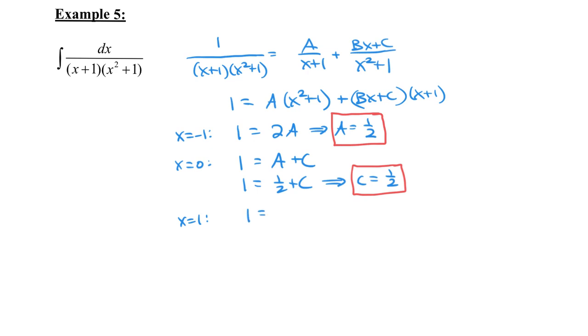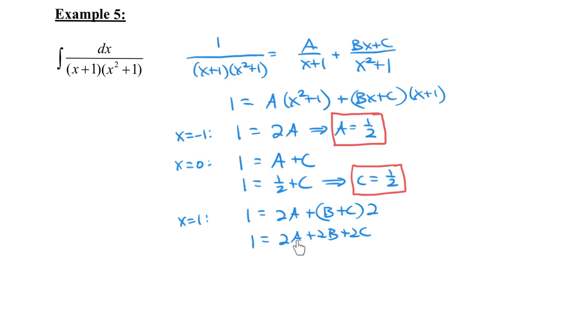So I'm going to get 1 equals. If I plug a 1 here, I'm going to get 1 squared plus 1, which is 2a. So I'll get 2a. And then I plug in a 1, I'm going to get b plus c times 2, right? Because this will be 2, this will be b plus c. So I'm going to distribute this 2 through, and I get 1 equals 2a plus 2b plus 2c. And now we just make use of the fact that we know that a and c are both 1/2.